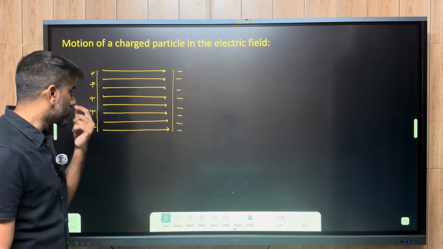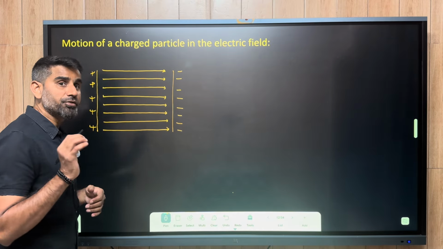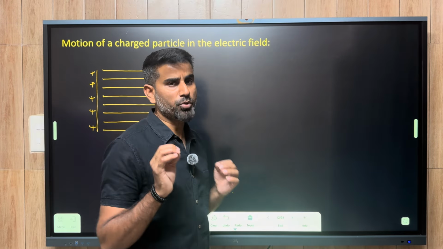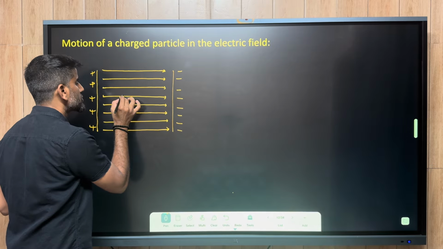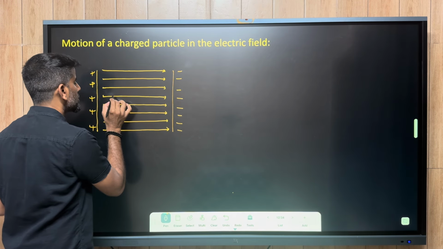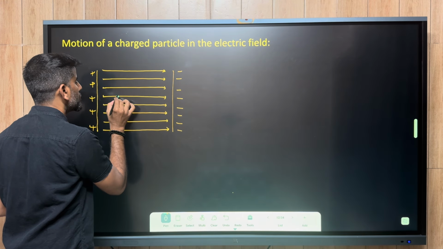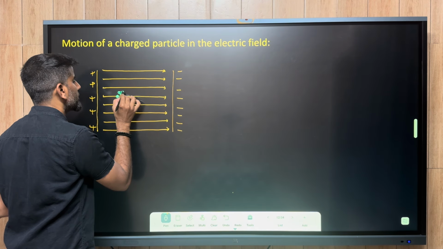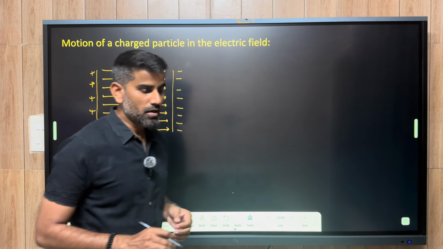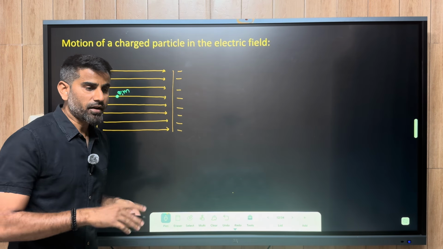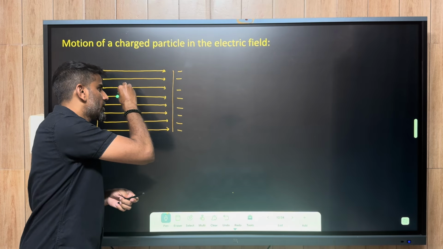Now let's move on to the actual discussion. I'm going to take a point charge of charge q and mass m. I'm taking the case where I have just placed this charged particle in the field.